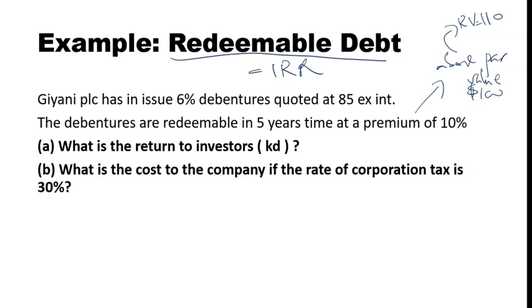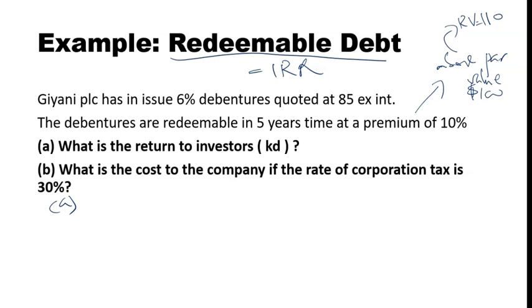So let us compute. For us to determine the IRR, we need to use trial and error, because we just have to try various discount rates. You start with one discount rate. Let's start discounting these cash flows at 10%, for example.